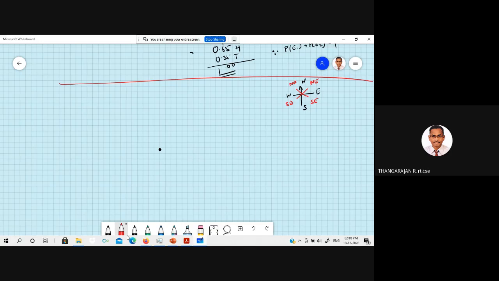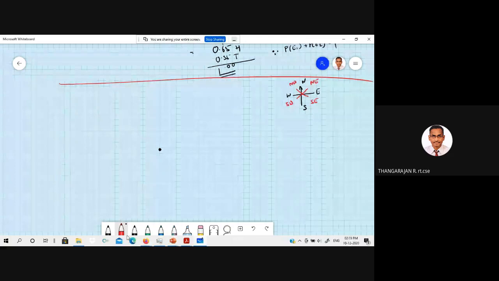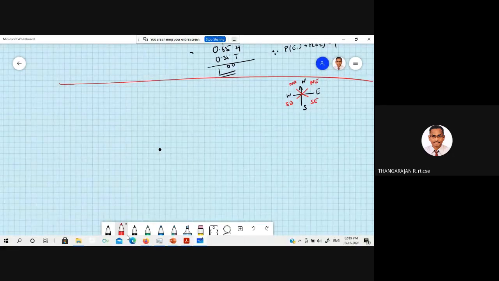Now suppose, in the absence of any other information, we do not know which direction, because the ant may take any direction as far as we know. The ant may have made a decision to move in some direction, but we are not bothered. As an observer, you are observing the ant move. The ant is not communicating its intention to you, so when it starts moving, you think that it will move in any one of the 8 directions.